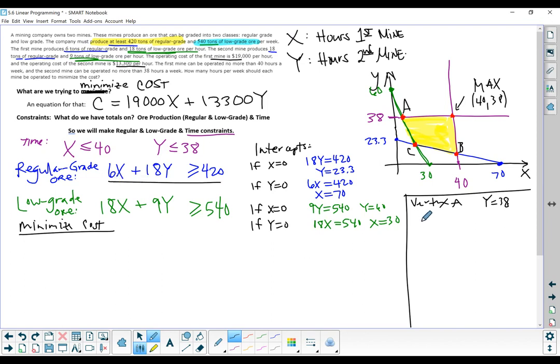So I have 6 times X plus 18 times Y, and I'm going to sub in 38. And that is equal to 420. And again, I'm doing this equation subbing in 38. So that's 18 times the 38.